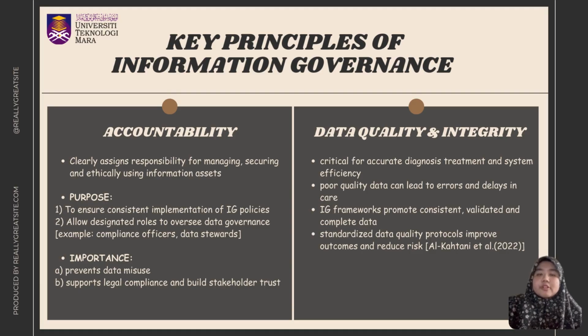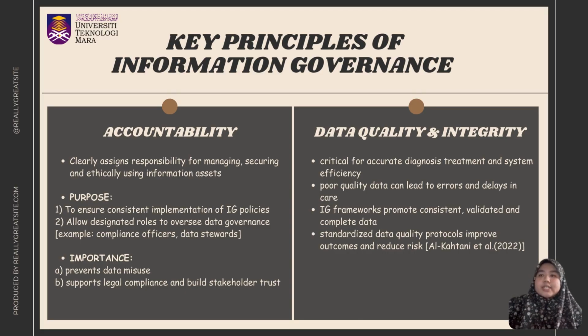Now, moving on to the key principles of information governance. First is accountability. Accountability means assigning clear responsibility to certain individuals or roles in the organization for managing, securing, and ethically using information. This principle ensures that policies are applied consistently and that roles like compliance officer or data steward are in place to monitor and manage data governance.